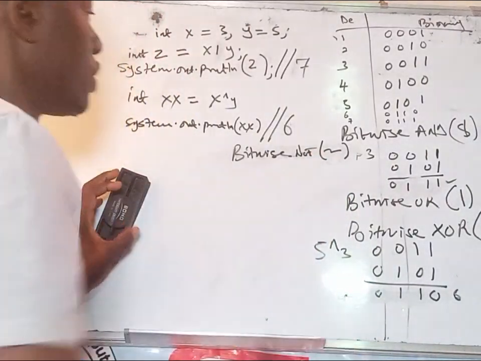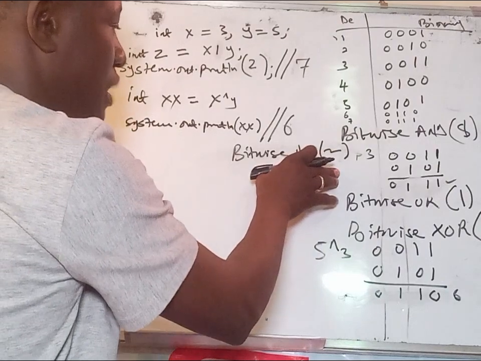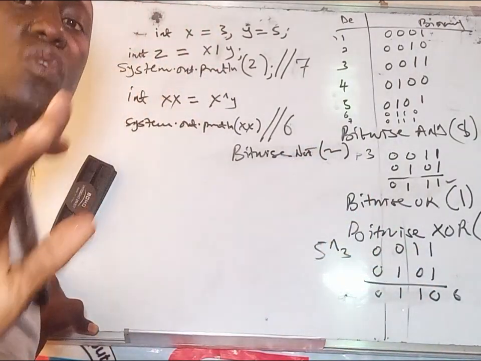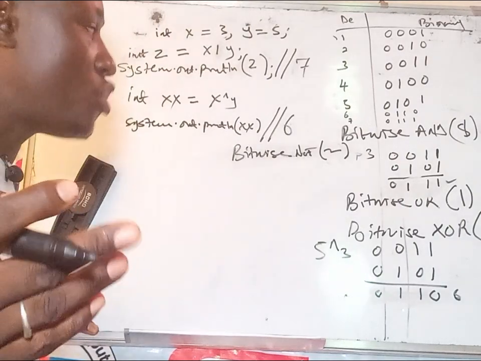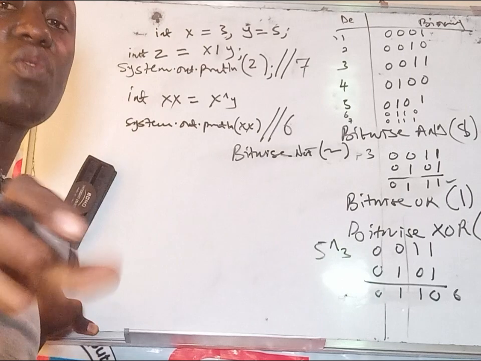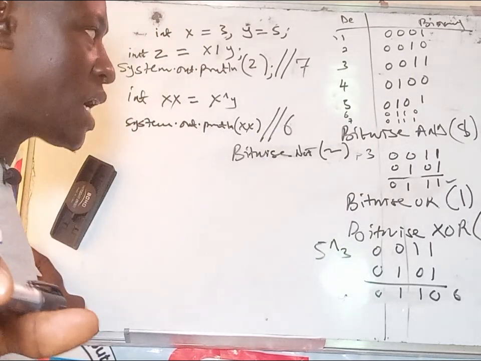What bitwise NOT does is perform the function of a NOT gate. It flips the result, giving the inverse of whatever you have. Are we together?